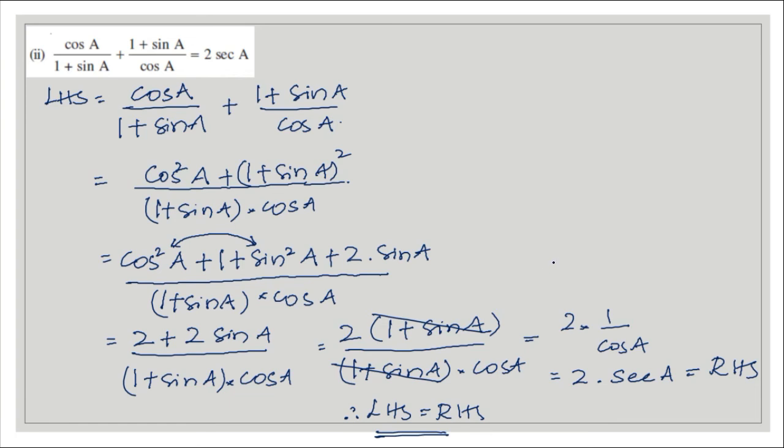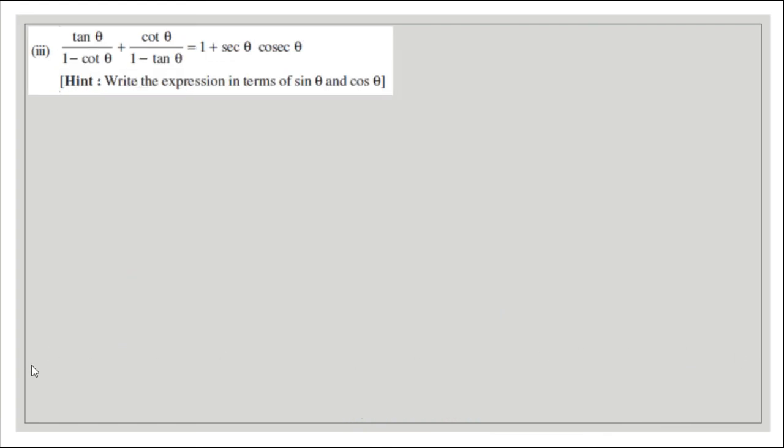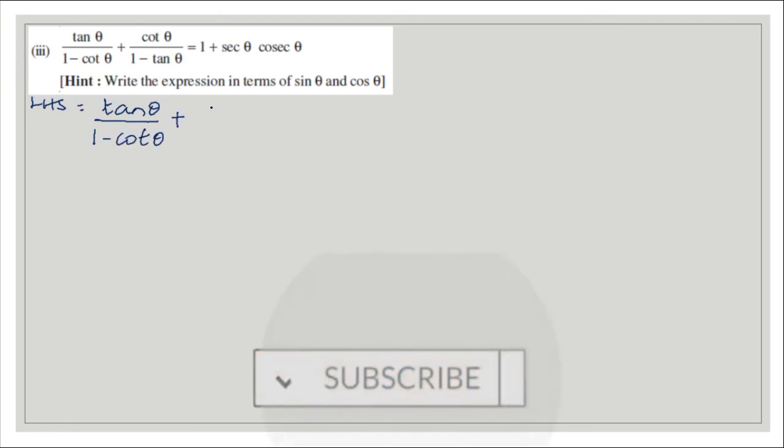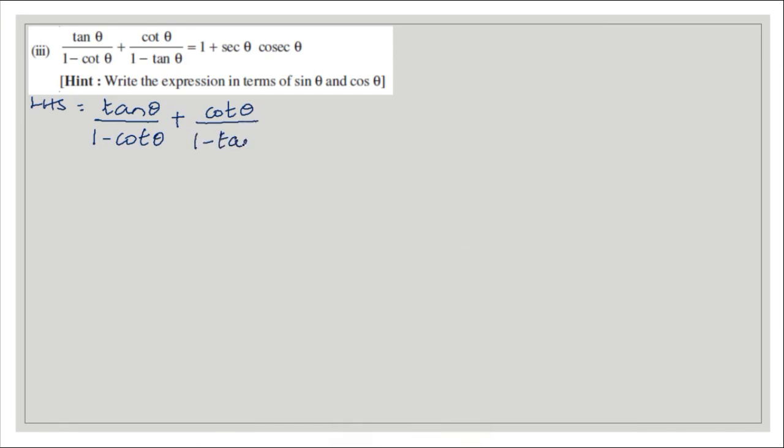So let's take up the next one. Question number 3. They have given an identity. Write the expression in terms of sine theta and cos theta. Let's make use of the hint and take the left hand side. In the left hand side we have tan theta upon 1 minus cot theta plus cot theta upon 1 minus tan theta.